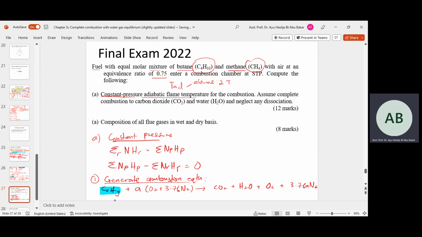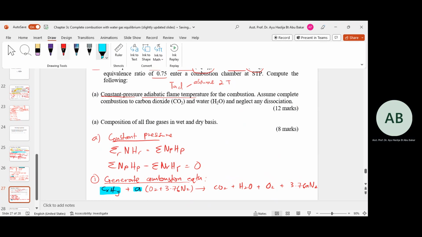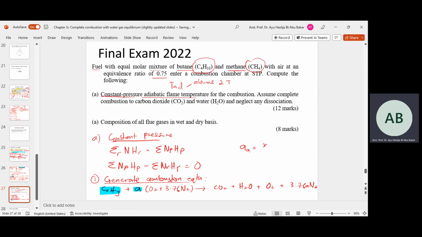Then find the A. A we can get from an equation similar to the previous one, where A actual is X plus Y over 4 divided by the equivalence ratio. This X and Y are from the mixture.